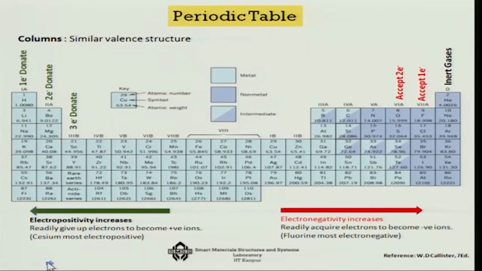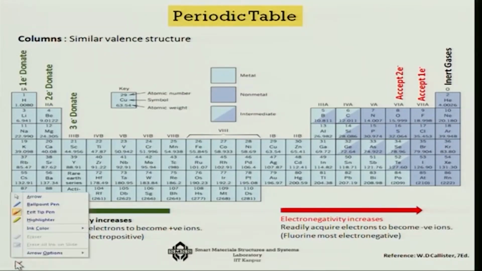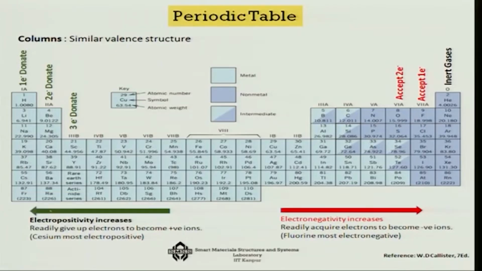Now, you should always have a clear idea of the periodic table while discussing it, because there are two very important things that happen if you look at the periodic table from our interest point of view. That is how the electropositivity is changing.